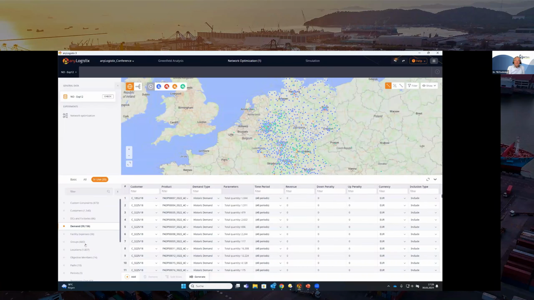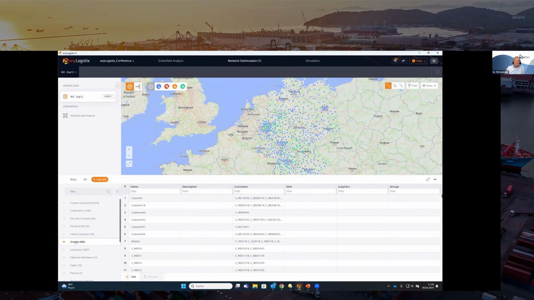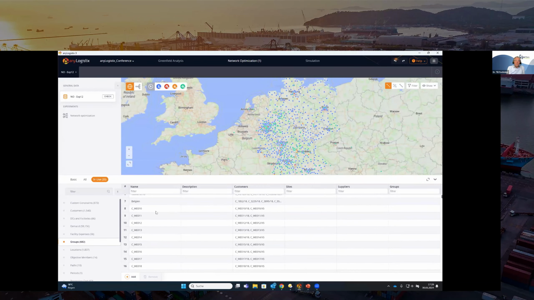We have heavily used location groups to set up the model. So we have customer groups for the customers belonging to a given shipping type. And we have customer groups regarding countries, and also for the 3-digit postal codes.